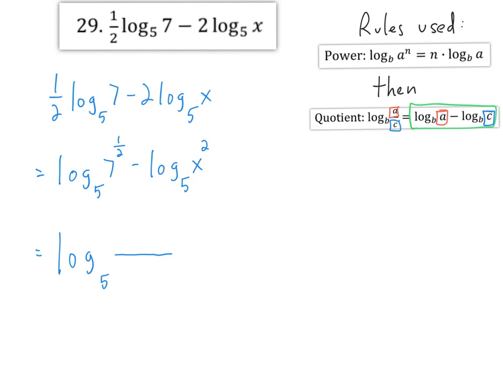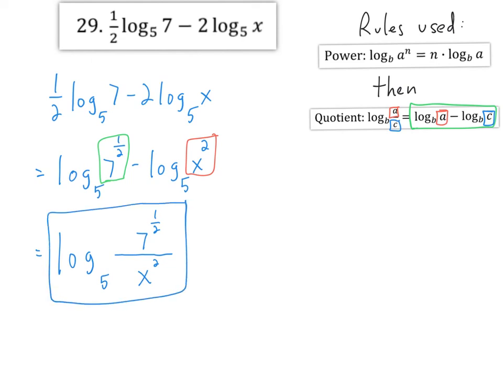The top of the fraction will be this first thing, and the bottom of the fraction will be this second thing. Okay, and that's the final answer. So we started off with 2 logs subtracted, and we combined it all into 1 log, and that's what we wanted to do.